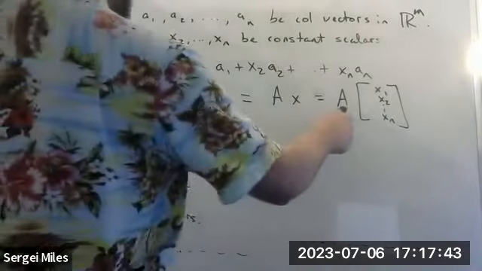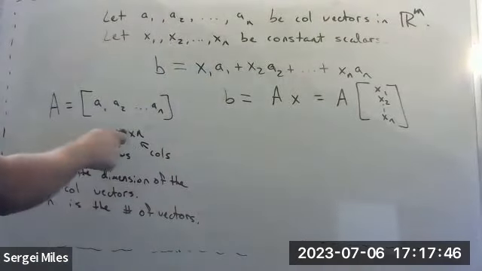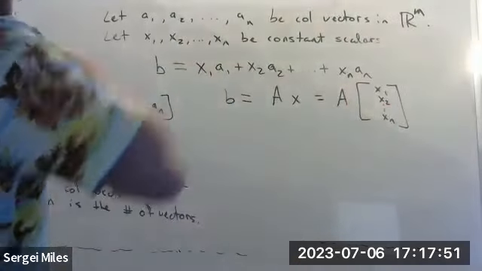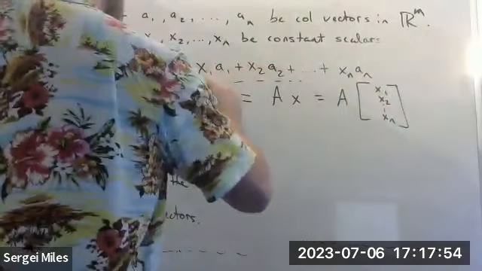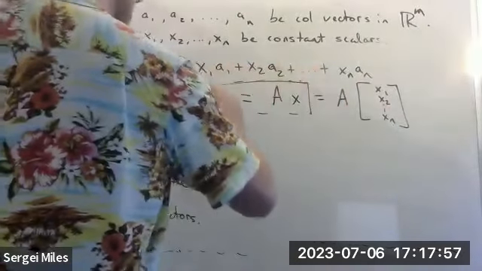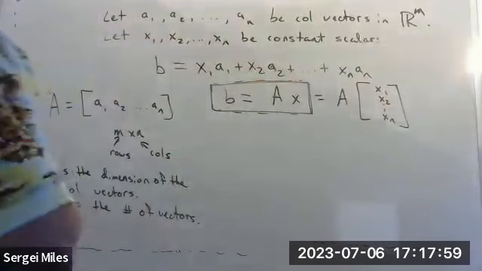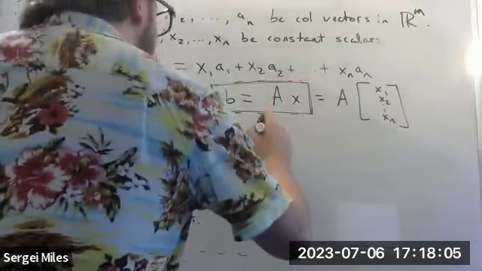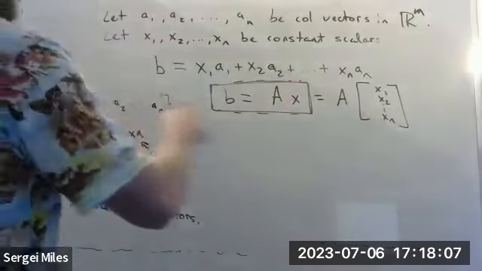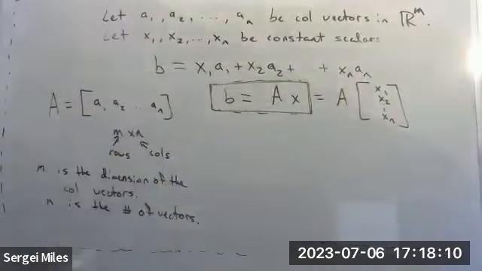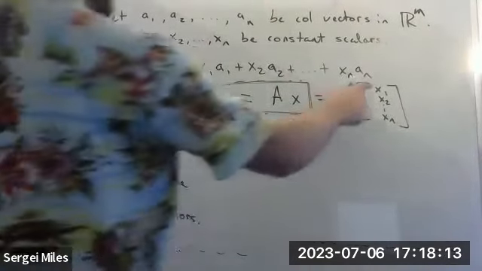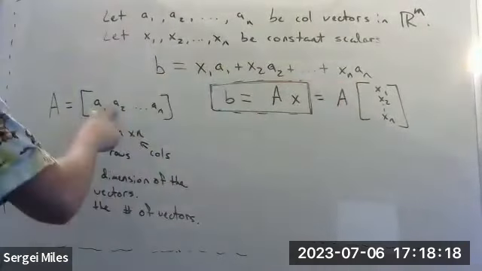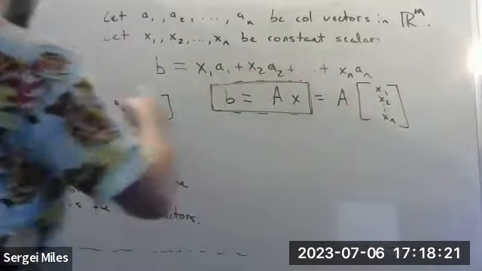So I'm going to take my matrix A. It has m rows with n columns, and it's being multiplied in this fashion. So we have this formula, Ax = b, and we can rewrite this as a matrix times its vector, or in other words, as a linear combination where we have x1 times the first column plus x2 times the second column plus x3 times the third column, and so on.